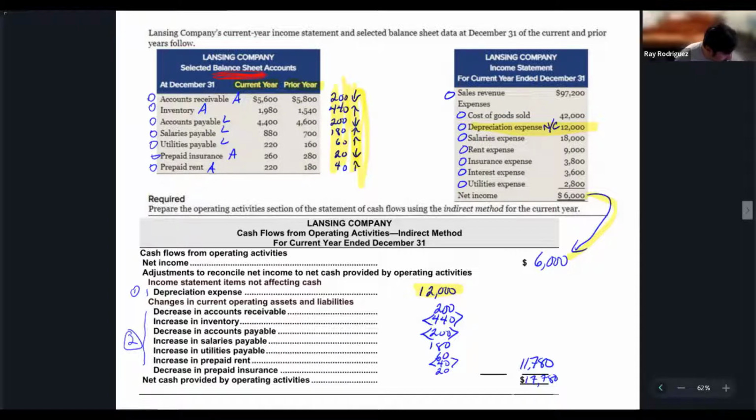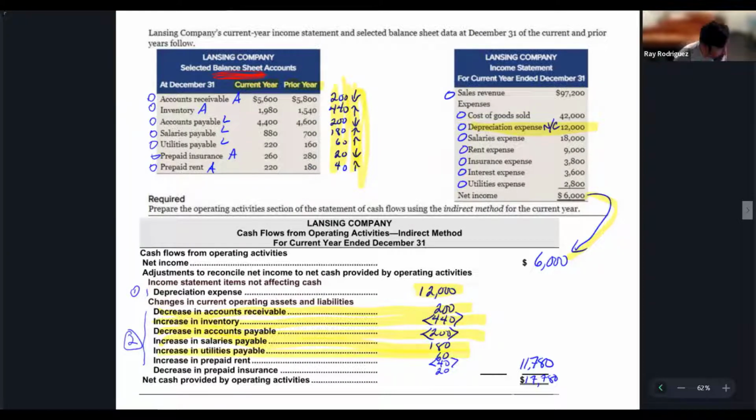The decrease in accounts receivable of 200 gets added. The increase in inventory of 440 gets subtracted. The decrease in accounts payable, since that's a liability account, it gets subtracted. The increase in salaries payable, since that's a liability account, it gets, I mean, added.